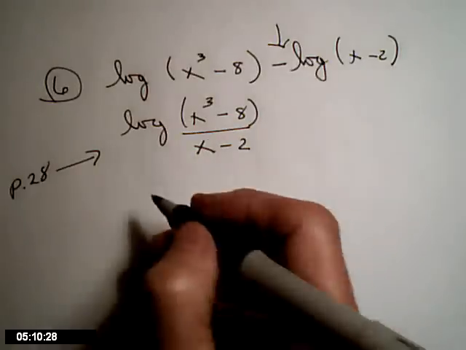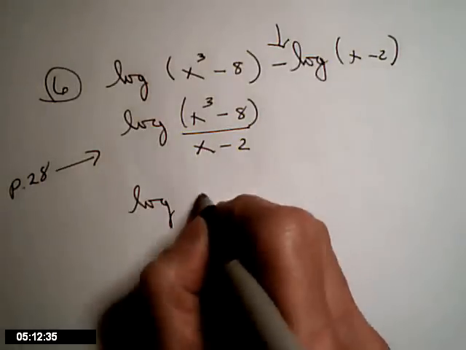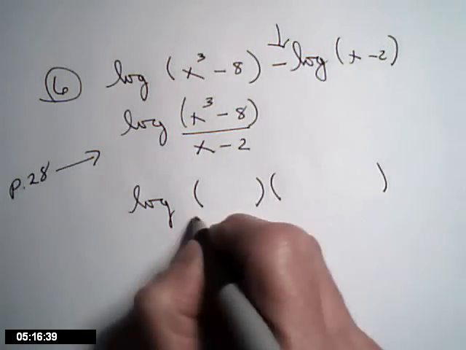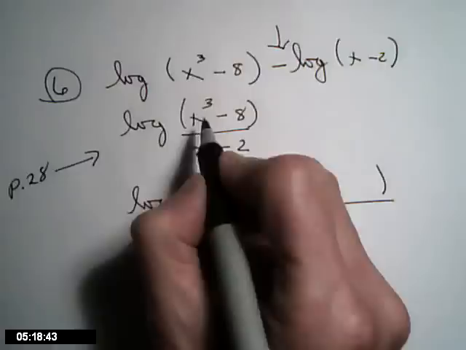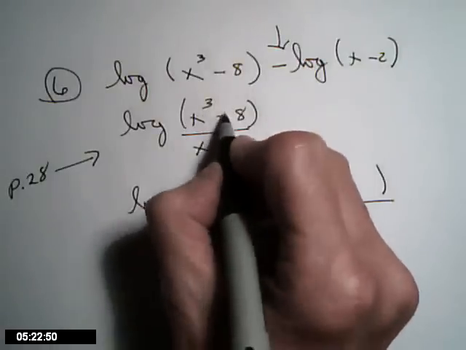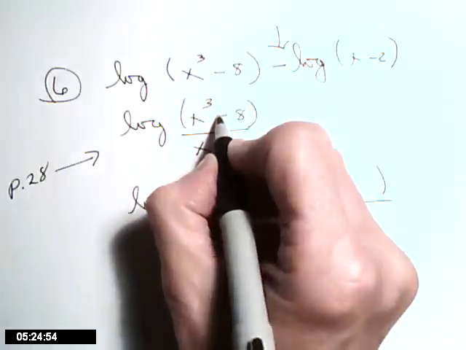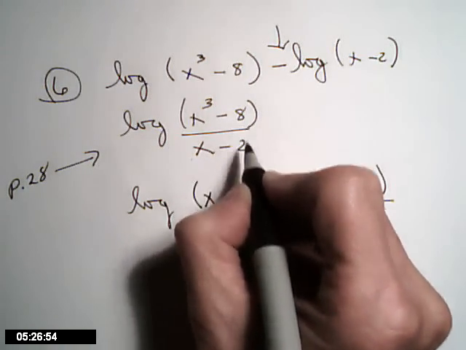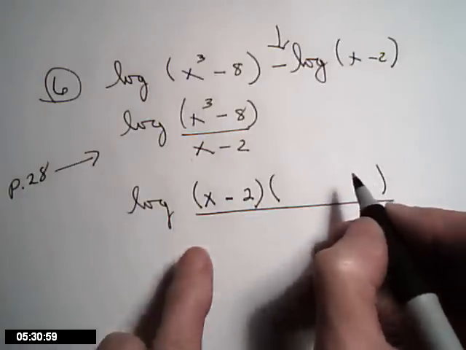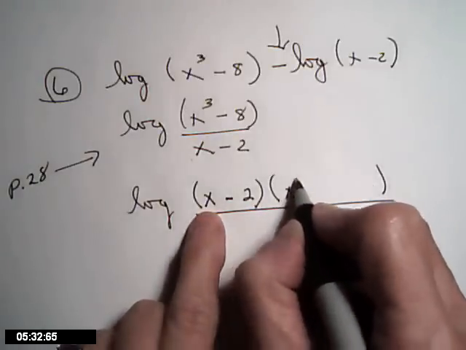If you're going to factor the difference of cubes, you're going to end up with a binomial times a trinomial. The binomial is when you take the cube root of the first, that would be x. You use the same sign as the middle, that would be negative. Cube root of 8, that would be 2. Now in the trinomial, it's a little bit different here. You're going to square the first term.